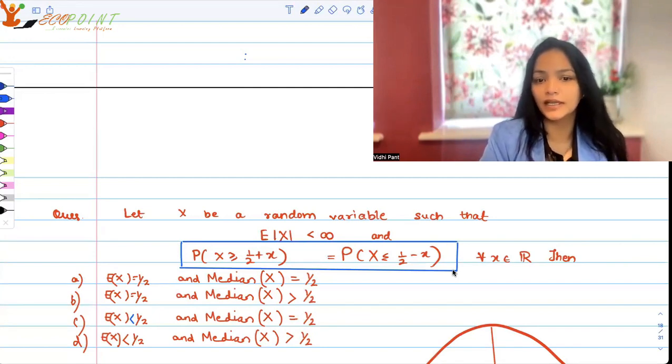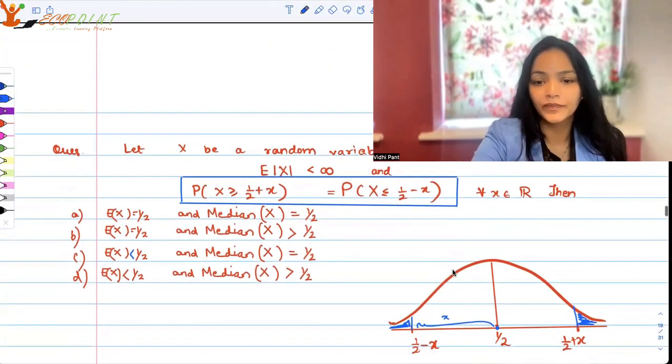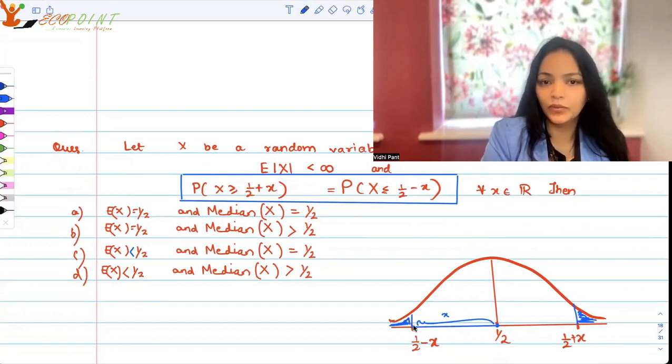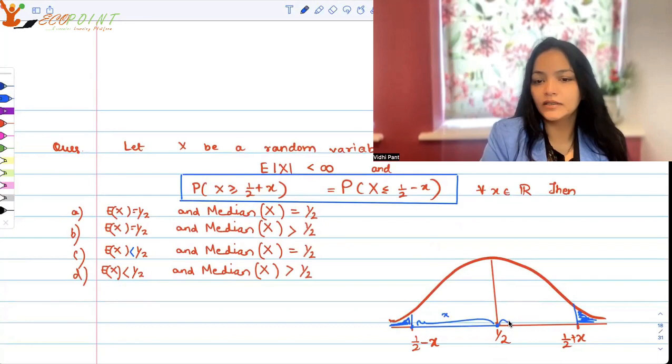If that is the case, what does it tell you about this random variable? So if half is here, if we do half minus x, we subtract length x from half, we reach somewhere here, and we add the same length x, we reach somewhere here.